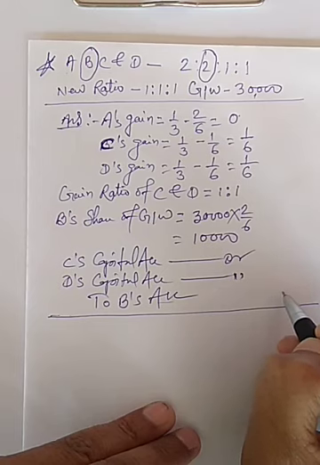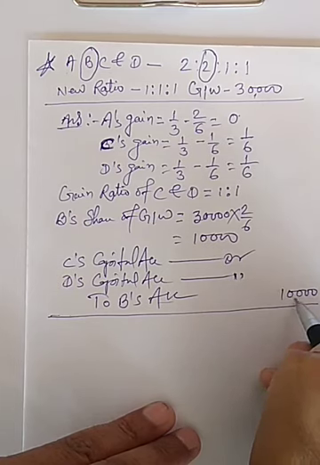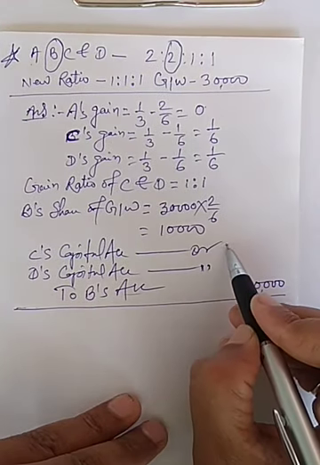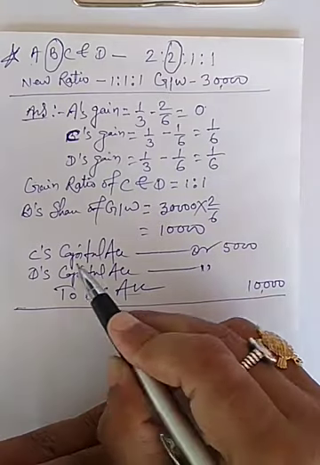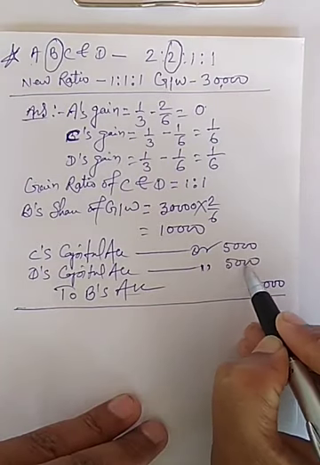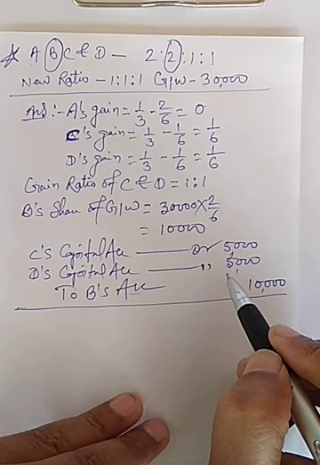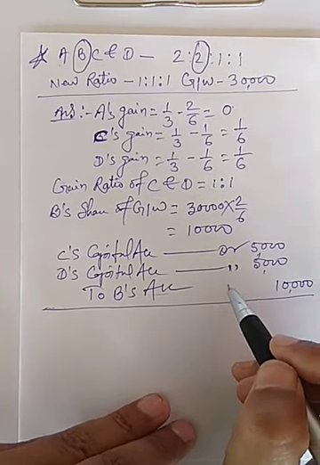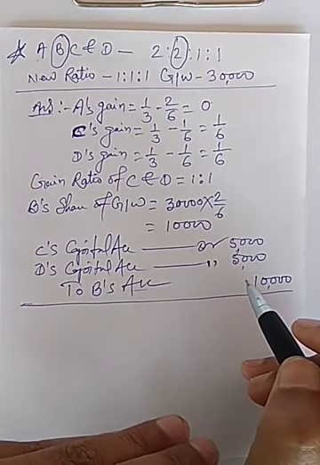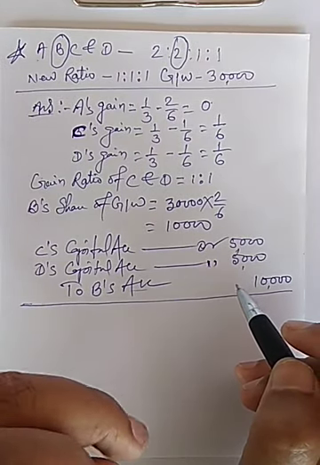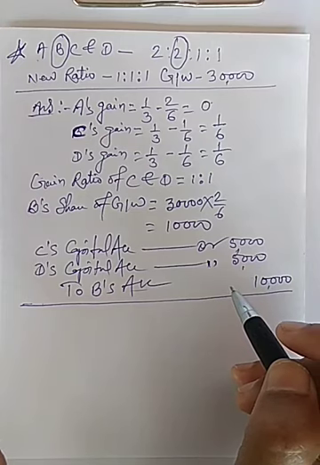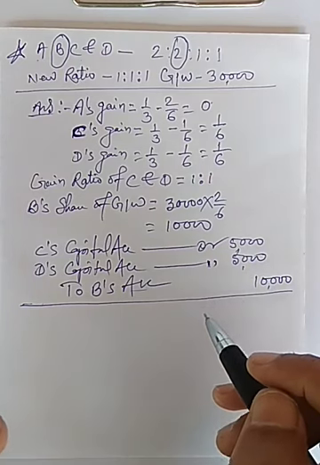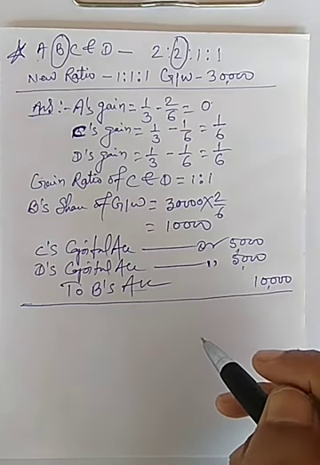Now the amount of B's capital account will be 10,000 and it will be shared by C and D equally, 5,000 and 5,000 respectively. So these are some questions based on calculation of gaining ratio and accounting treatment of goodwill in case of retirement of a partner.